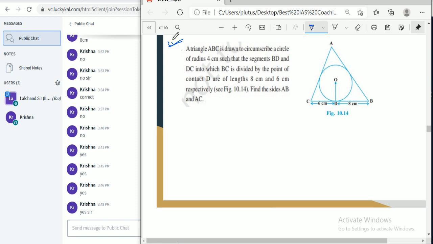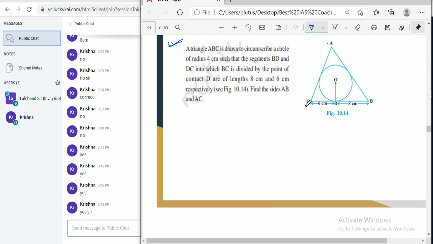A circle of radius 4 centimeters is inside the triangle. And these sides are given to us, that is 6 centimeters and 8 centimeters. Now we need to find the sides AB and AC, the rest of the two sides in this question.